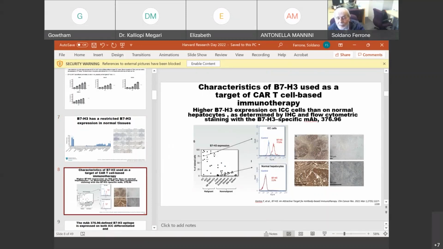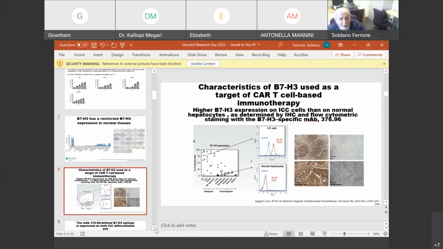And again, for comparison, we present the expression of B7H3 in a tumor of the liver, which is intrahepatic cholangiocarcinoma.